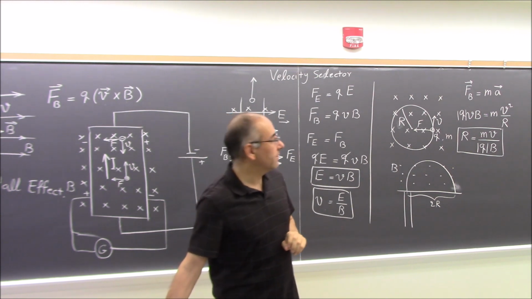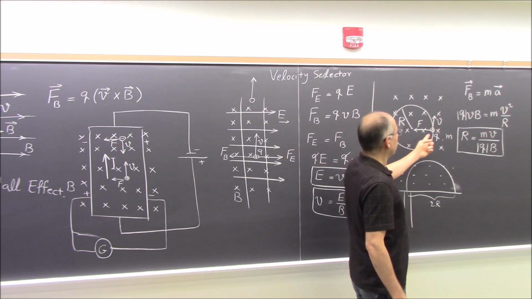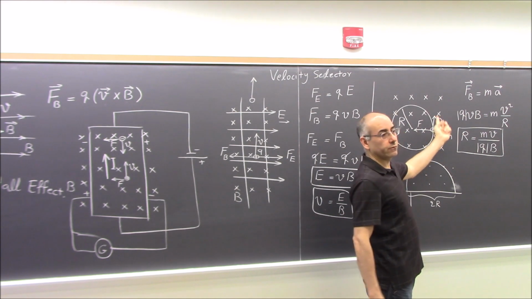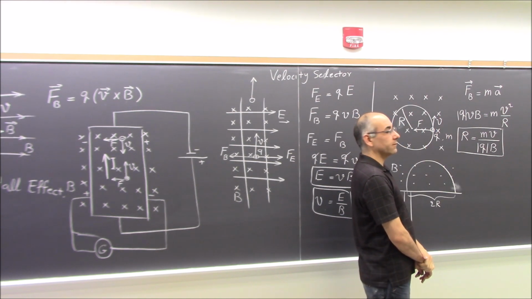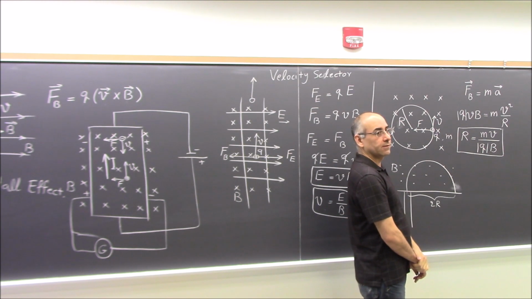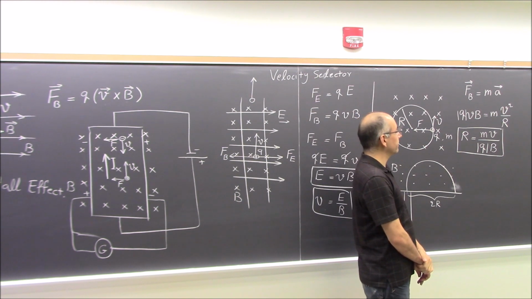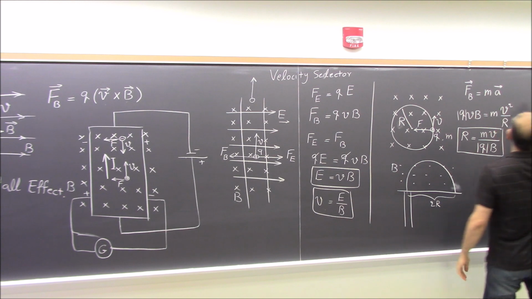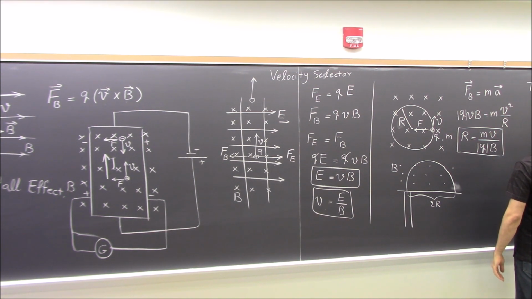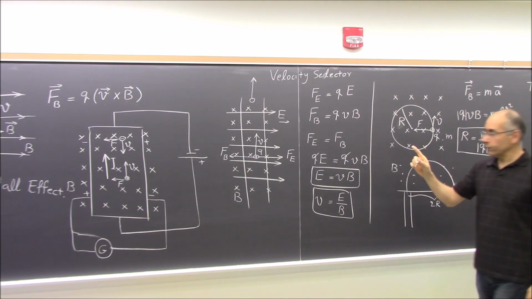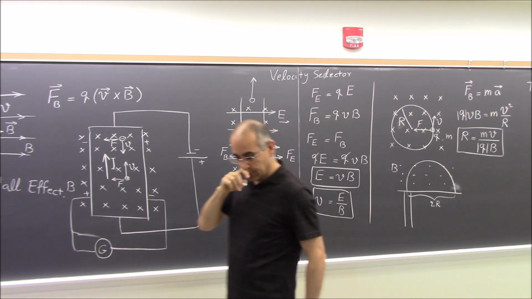If you want to find the time period for one circular motion here, what is the time period? You know time period, right? It's the time it takes for one complete turn.